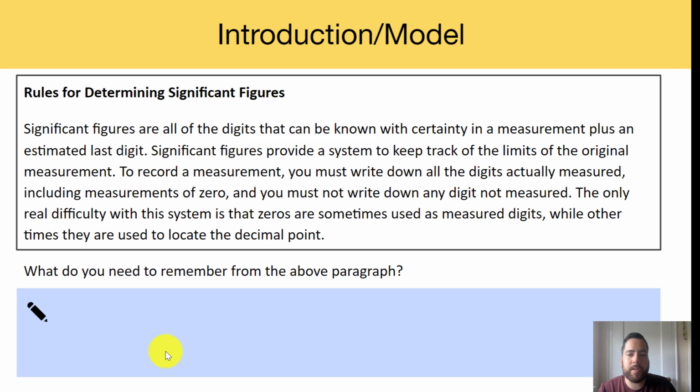To record a measurement, you write down all the digits actually measured, including measurements of 0, and you must not write down any digits not measured. When we do labs in person in class, we'll see what this actually means and those measuring devices and the limitations associated with them. So what do you need to remember about the above paragraph? Let's go ahead and think about that and write that down in the section below.